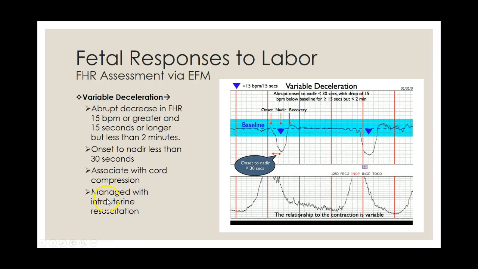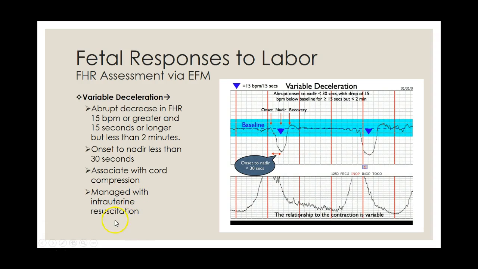We manage these also with intrauterine resuscitation. And if you think hard about how we would do this, you think about the fact that these are caused by cord compression. Then what can we do to help change that? Like, we can't reach in and move the umbilical cord around with our hand, can we? No, of course not. So how would we manage it for the patient we can't see?